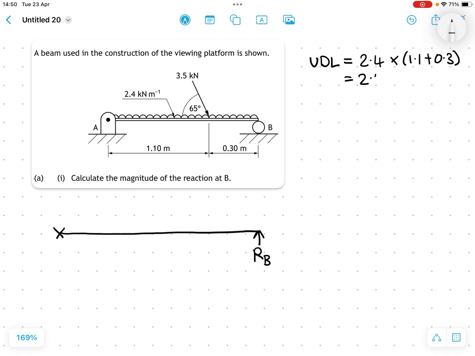So I'm going to do 2.4 times 1.4, and that gives me that my uniformly distributed load, the actual load part, is 3.36 kilonewtons. I'm going to simplify that to act in the middle of my beam, so I'm going to say that that is acting at 0.7 meters from A.